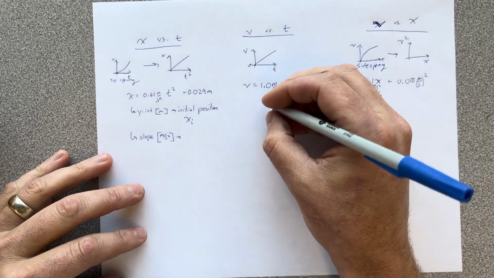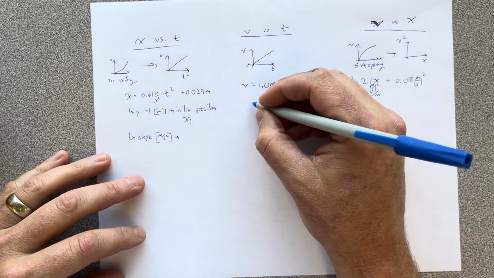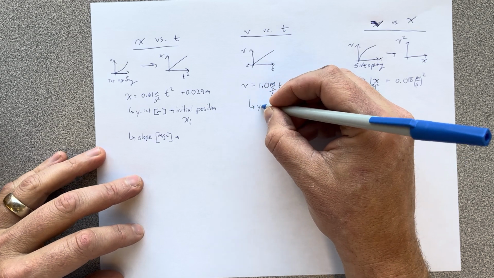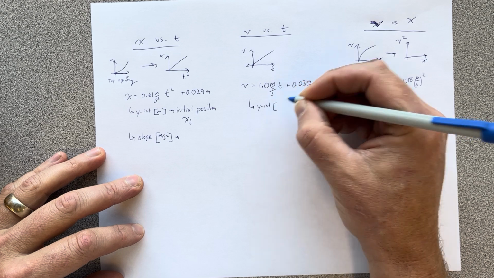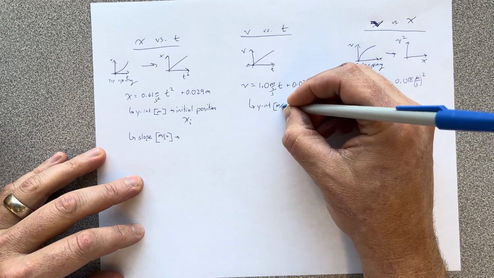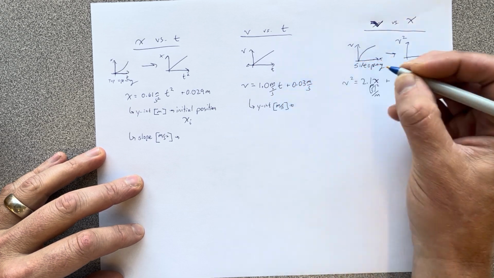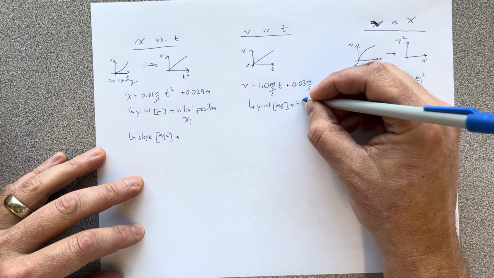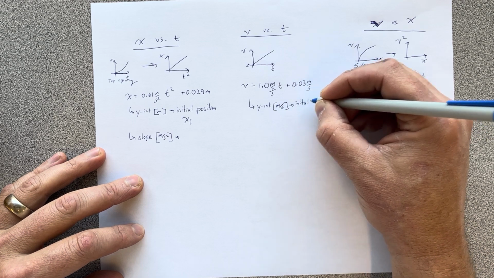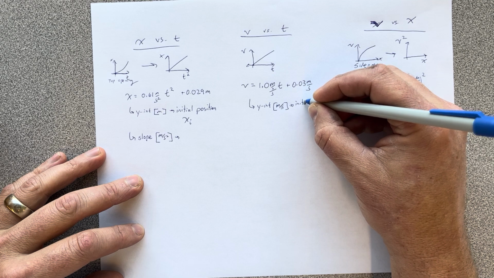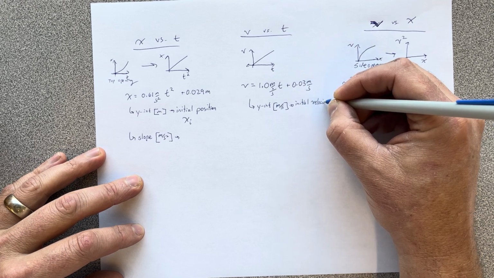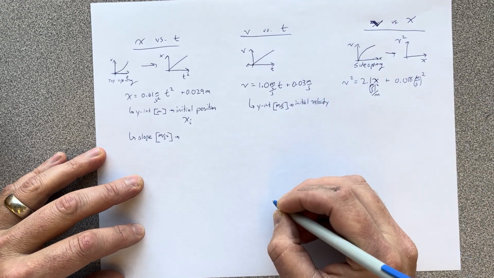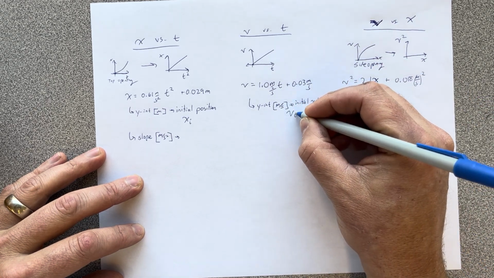All right. This next graph, velocity versus time, the y-intercept is going to be the initial position, or initial velocity, I'm sorry. The units are meters per second. So I'm just going to get right to the punchline. The initial velocity, the symbol is v initial.